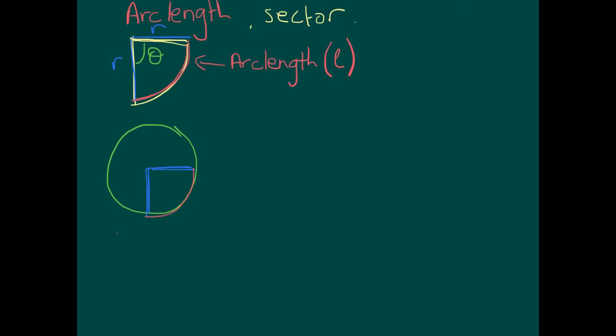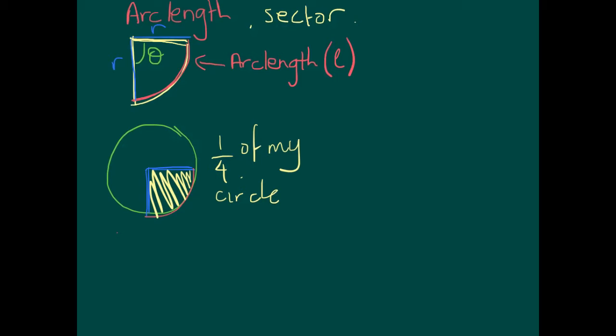Now, if I want to look at arc length, I want to talk a little bit about how theta, or this angle between the two radii, and the arc length correspond to each other. If we look back at our circle, I'm going to say that this sector is a quarter of my circle.